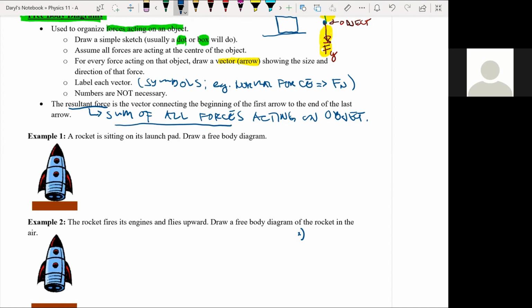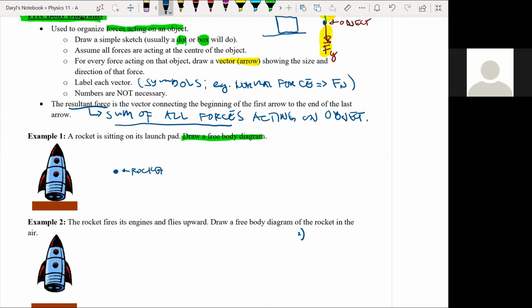Okay, so let's take some examples here on drawing the free body diagram. We want to draw the free body diagram of this object here. I'm just going to represent my spaceship or rocket as a dot. By the look of it, it's just sitting on a launch pad, so it's not moving.